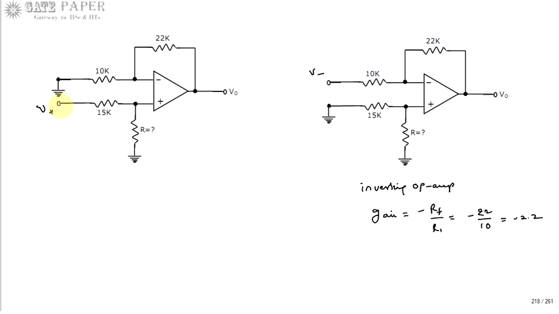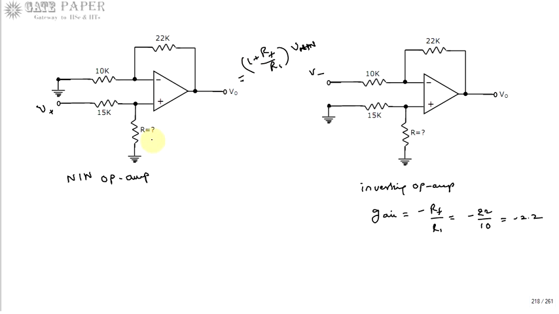And if you are considering only V plus, then this acts as a non-inverting op amp. The output V0 for a non-inverting op amp is 1 plus RF divided by R1 times the voltage at the non-inverting terminal. Actually it is not V plus itself, it is the effective voltage at the non-inverting input.